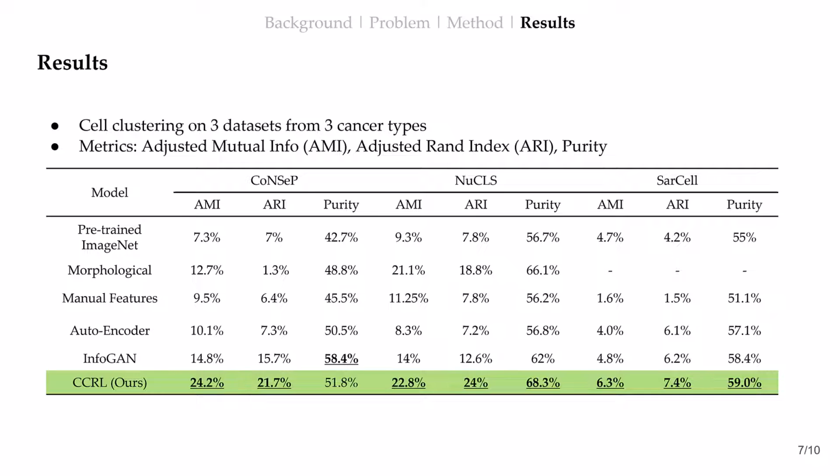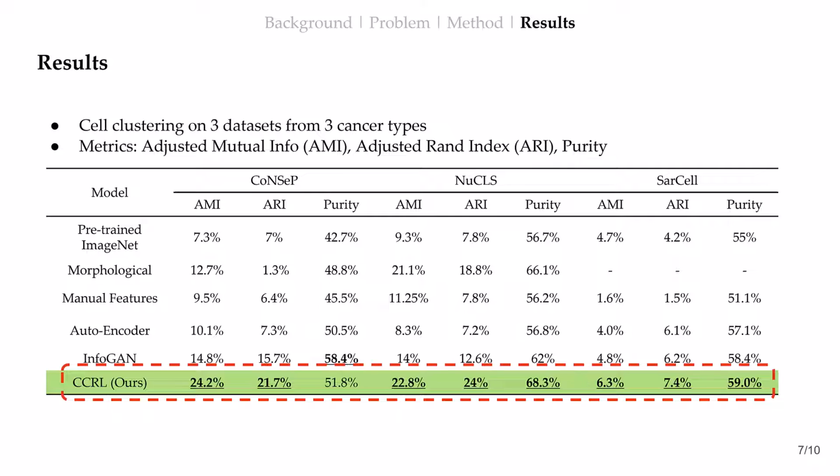So we tested our model in the task of cell clustering on 3 different datasets from 3 different cancer types. We also used adjusted mutual information, adjusted rand index, and purity for doing this comparison. As you can see, our model, CCRL, can outperform all of the existing baselines across 3 different datasets.